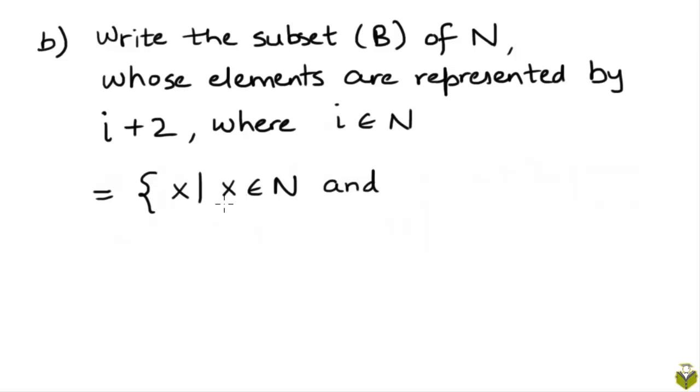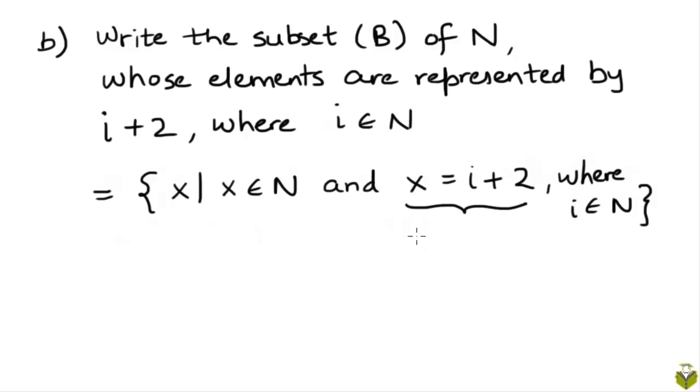And the second condition that this arbitrary element x should satisfy is that x can be written as i plus 2, where i belongs to n. In other words, if we take this element x and subtract 2 from it, we will get a number that still belongs to n.